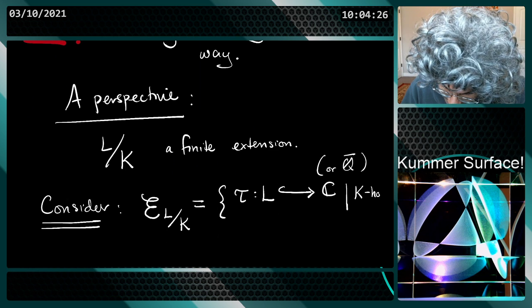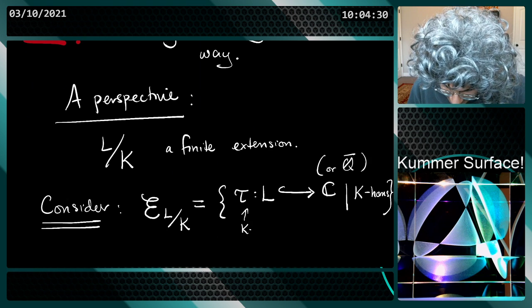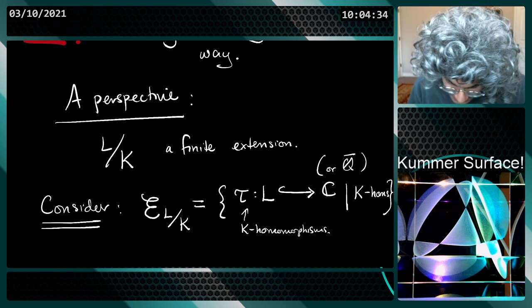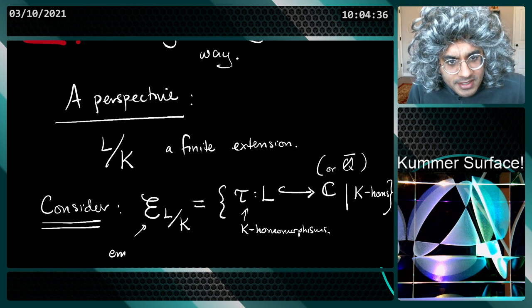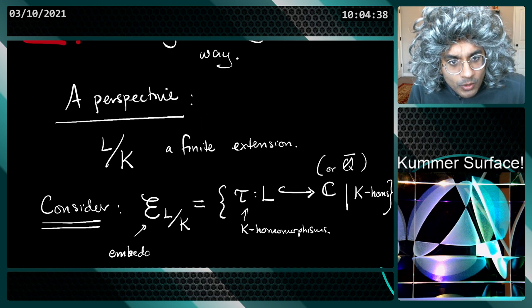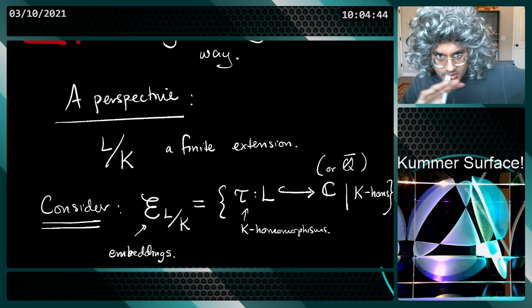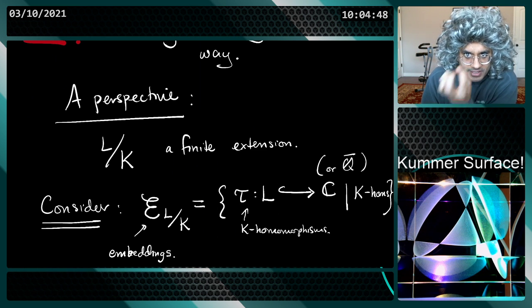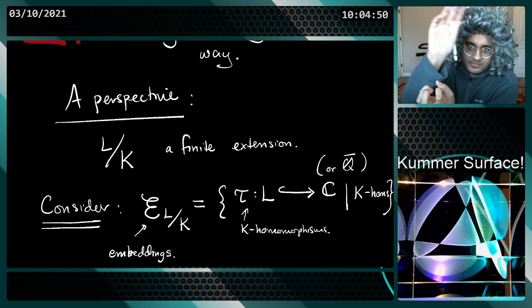This is a K homomorphism. E is for embeddings. Ways of embedding this extension, L over K, into complex numbers, which keep the subfield K as an anchor.